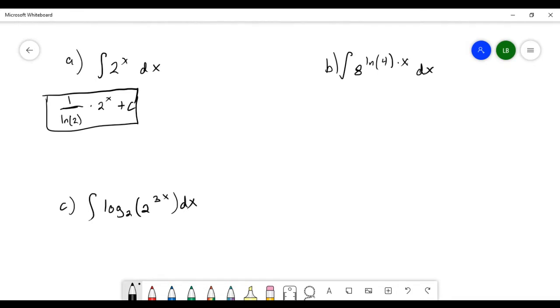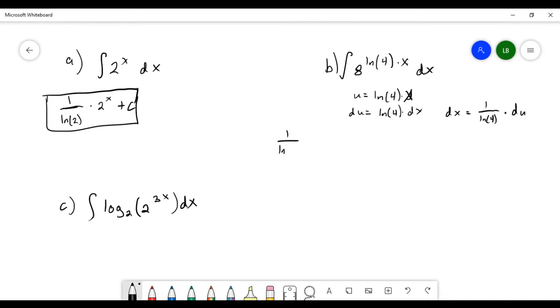For this one, we're going to need to let u equal to the natural log of 4 times x. So then du is 1 divided by the natural log of 4 times dx, so dx is the natural log of 4 times du.